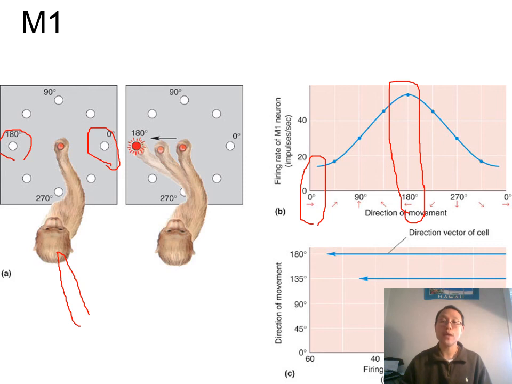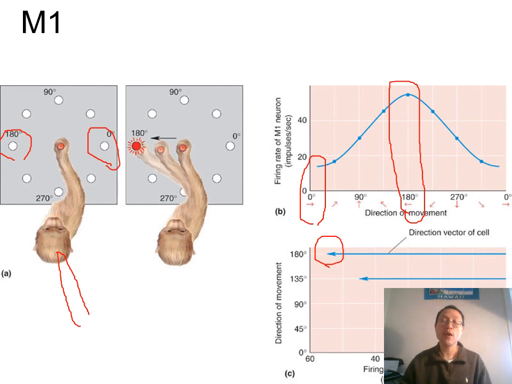When they look at the number of impulses per second, which is the number of action potentials per second, against the direction, you can see that this cell really fires most at 180 degrees and very, very little at 0 degrees.